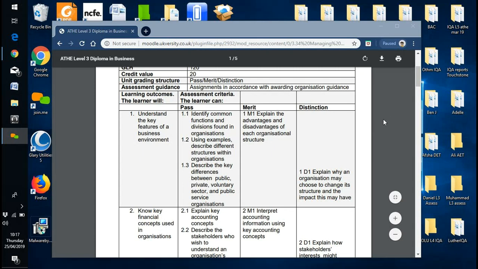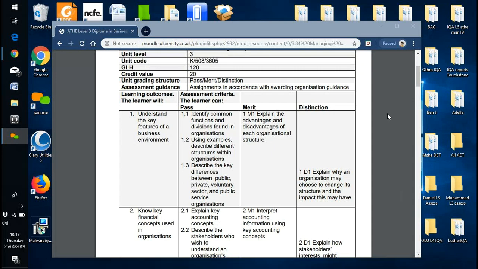Okay, well, yeah, the assessment criteria, I'll just go through. It's identifying common functions and divisions found in larger organisations. Again, use examples to describe different structures within organisations and describe the key differences between public, private, voluntary sector and public service organisations.